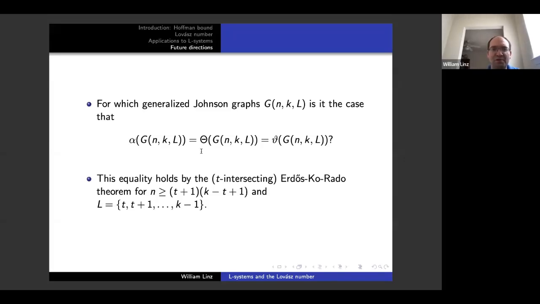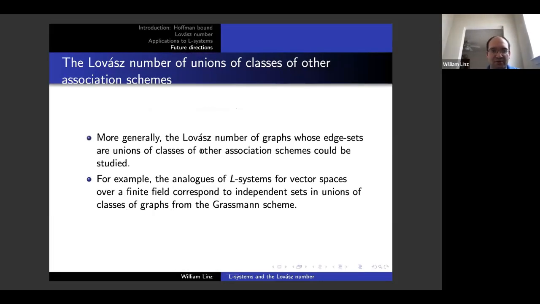Okay, so I've been focusing on generalized Johnson graphs because I became interested in finding the maximum size of L systems, but you could also study the Lovász number of unions of classes of graphs in other association schemes. Maybe the most straightforward example is that you can define analogs of L systems for finite dimensional vector spaces over a finite field, and those would correspond to independent sets in unions of classes of graphs that arise from the Grassmann scheme, for example.